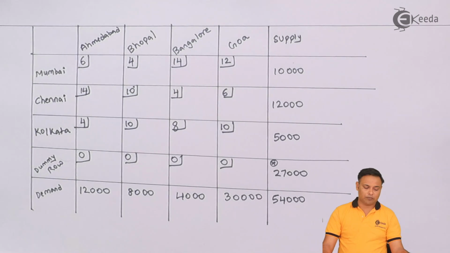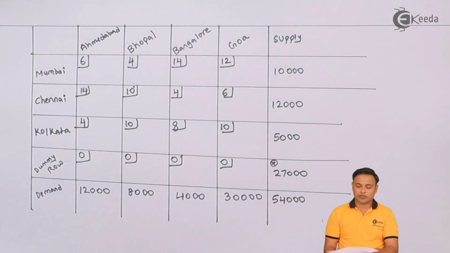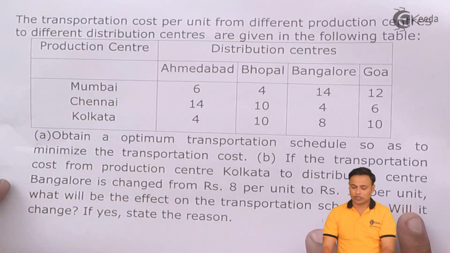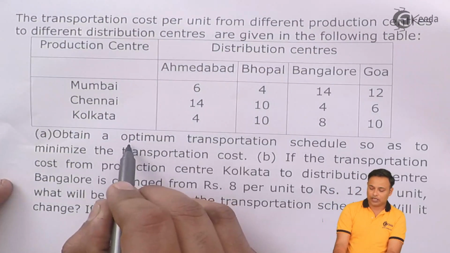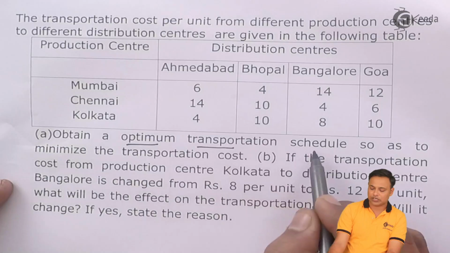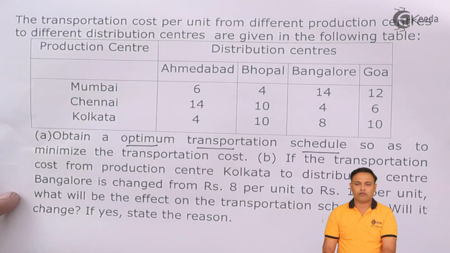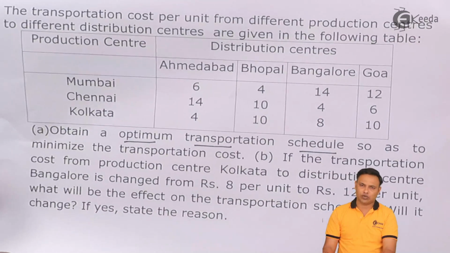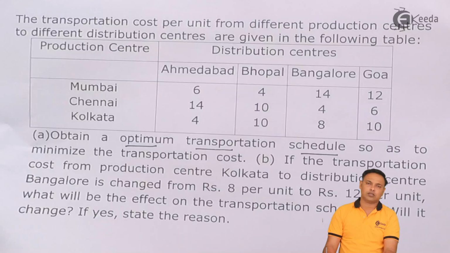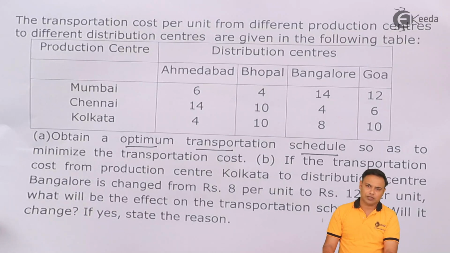Now since the problem is very clear in terms of the sentence, obtain the optimum transportation schedule, we want a transportation schedule or a transportation cost which is optimized.